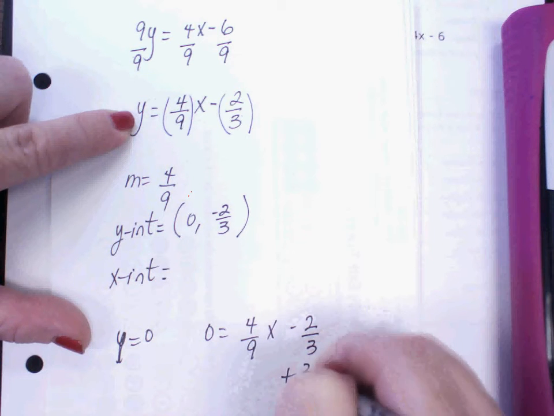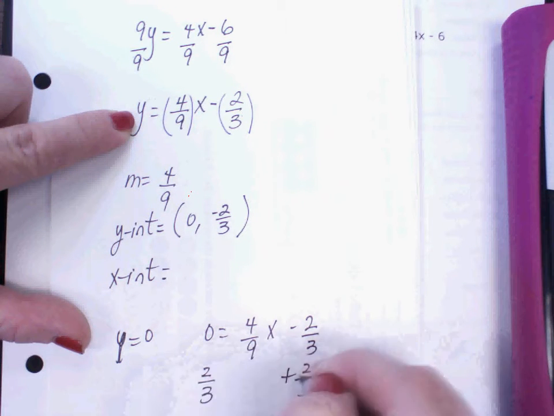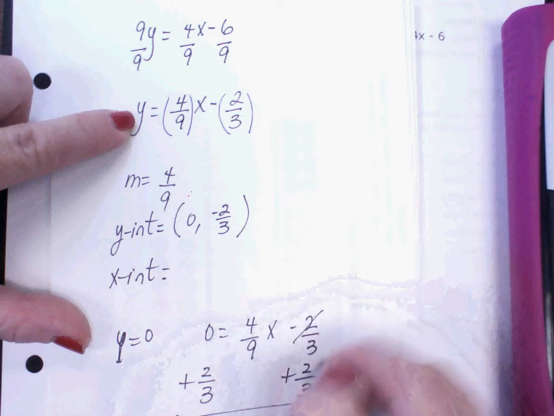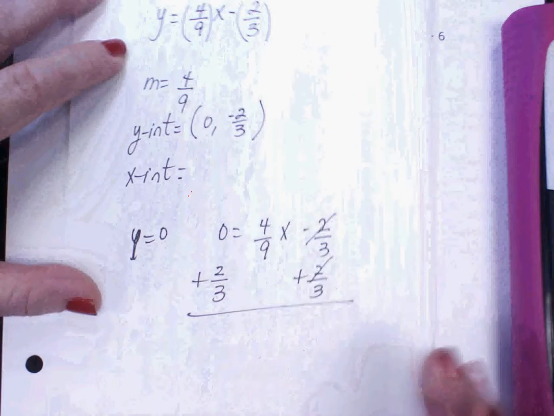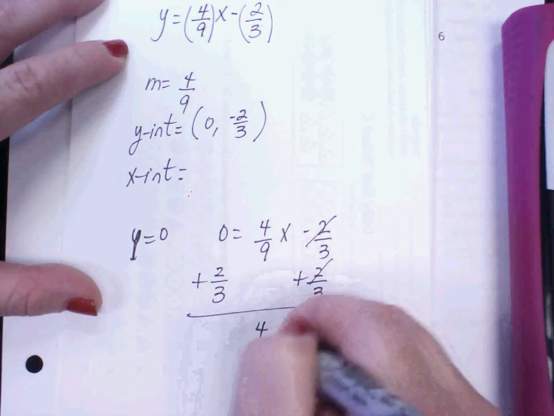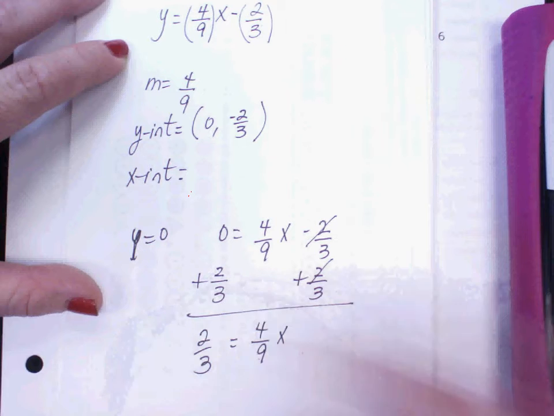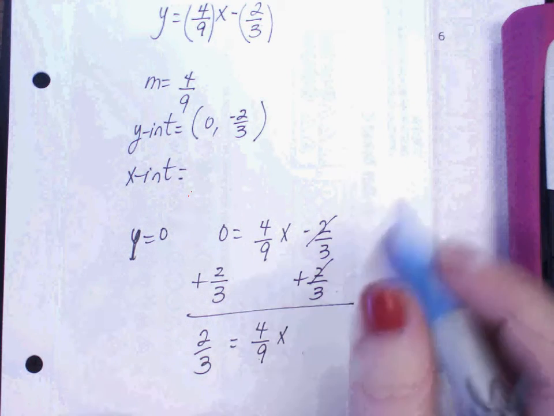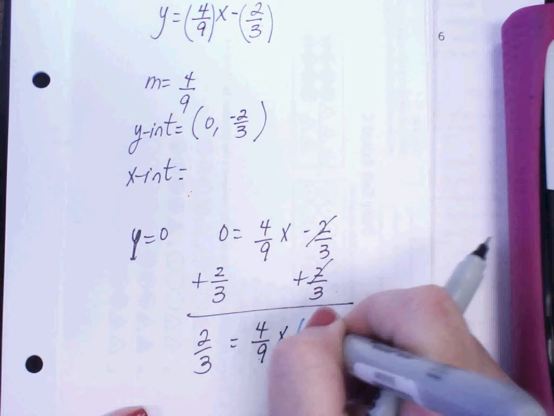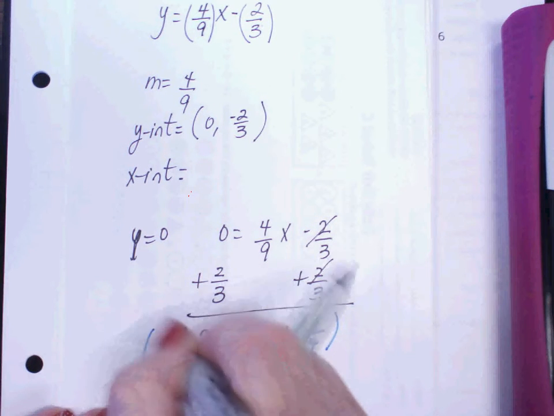So 0 equals 4/9x minus 2/3, plus 2/3. 4/9x equals 2/3, and now I got to multiply by the reciprocal, right? Eyes on me. Stop tuning me out.